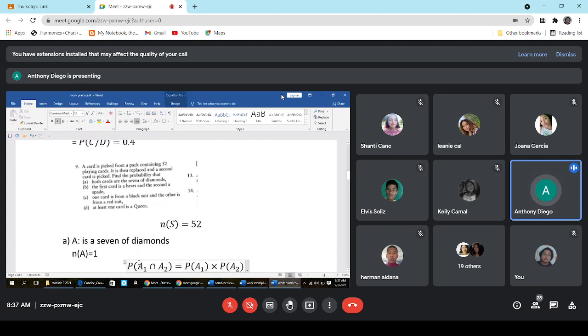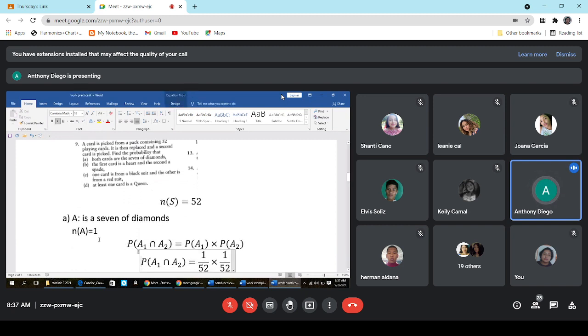So the probability of getting a 7 of diamonds at your first pick, this sub 1 means first pick, and because they are independent events, getting another 7 of diamonds on the second pick is equal to 1 over 52 times 1 over 52. Remember, I told you the probability of A intersecting B is equal to the probability of A times the probability of B for independent events. And if it's extended, then you can extend the definition as well.